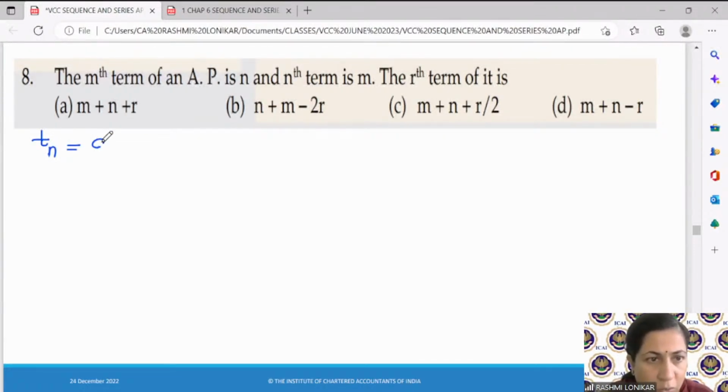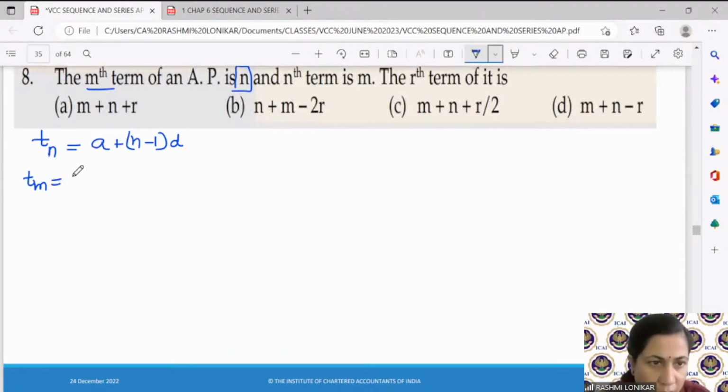Tn is equal to a plus n minus 1 into d. Now they are saying mth term. So what is it? Tm. Instead of n, I'm going to write m. The mth term of an AP is n. So the mth term is equal to n, which is equal to a plus m minus 1 into d.